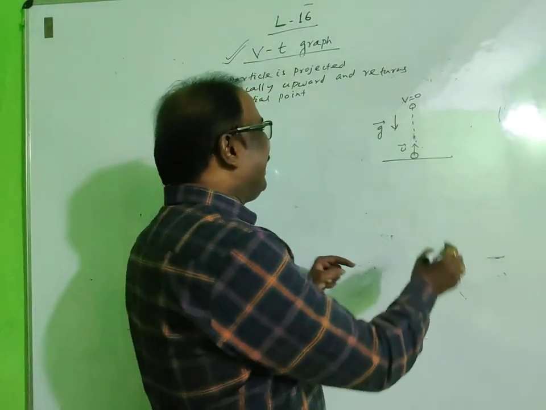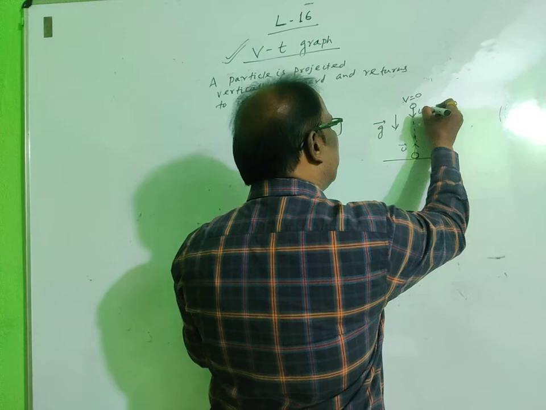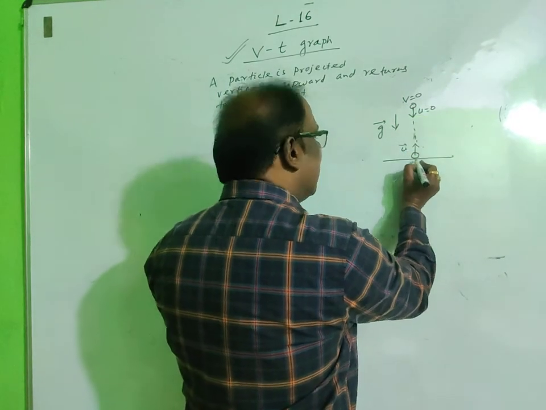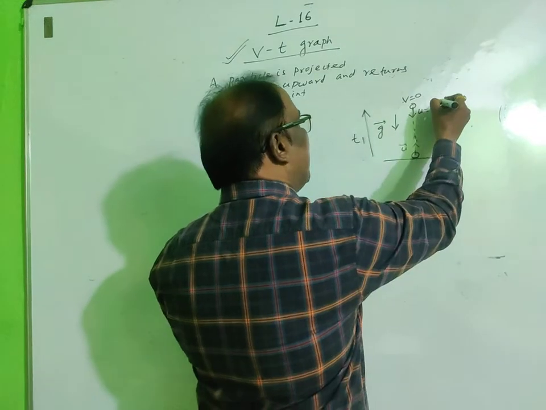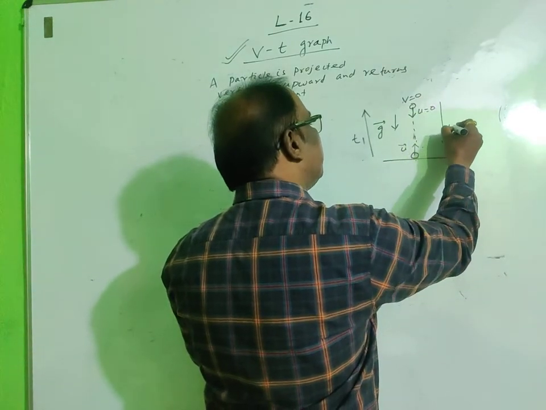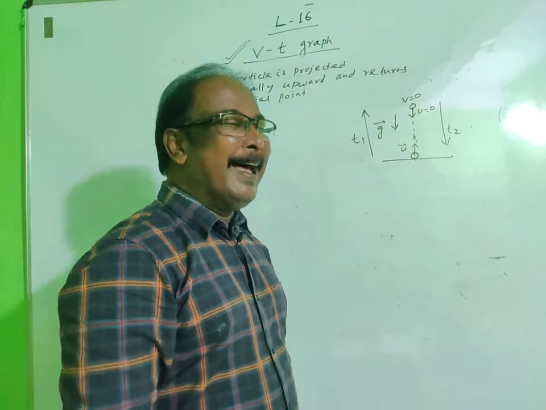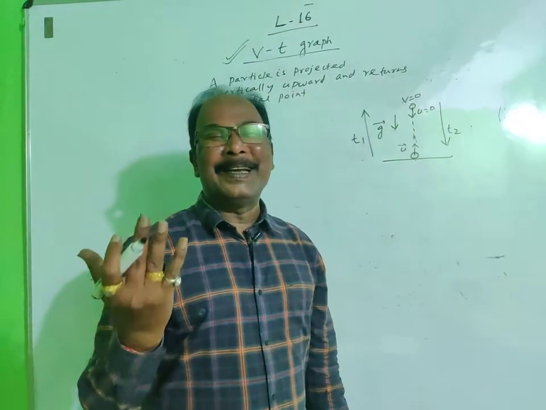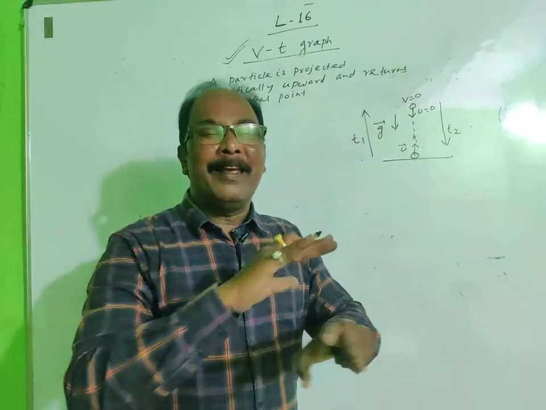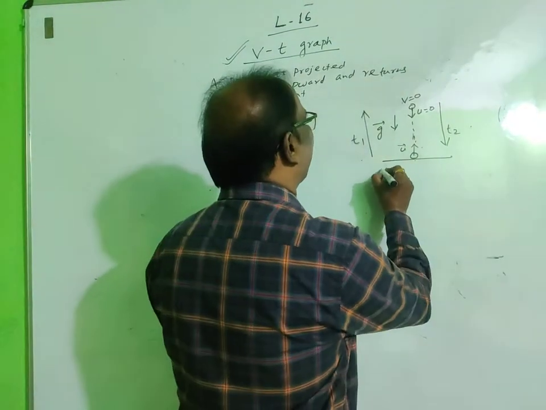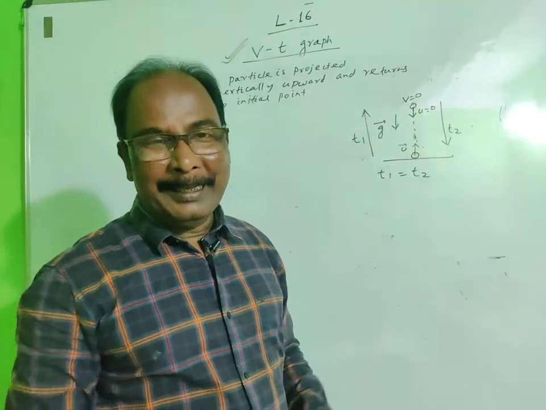Again it returns back, and it reaches this point. T1 is the time of ascent and T2 is the time of descent, and as we have discussed in motion under gravity, if air resistance is neglected, then time of ascent is equal to time of descent.